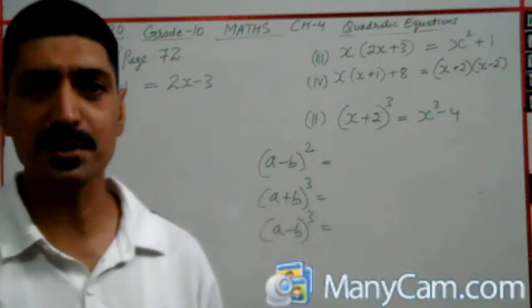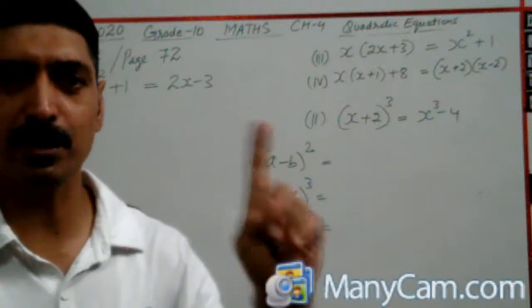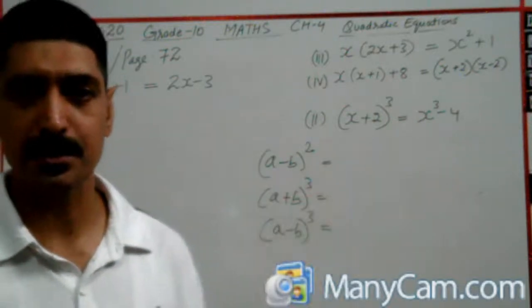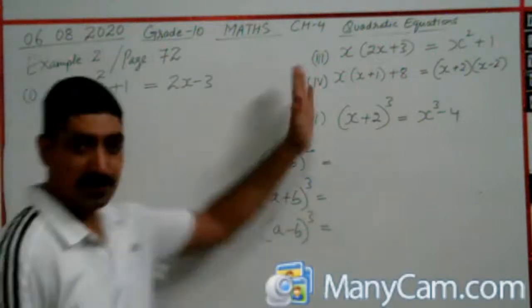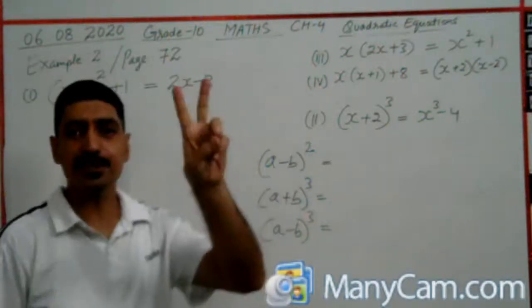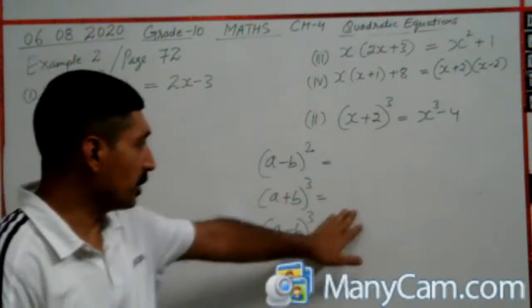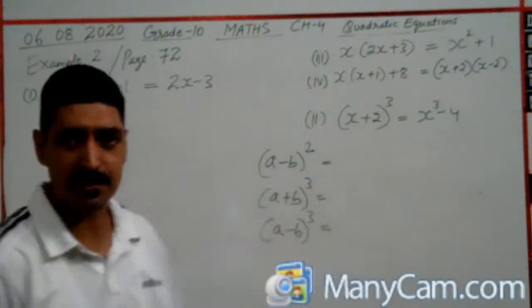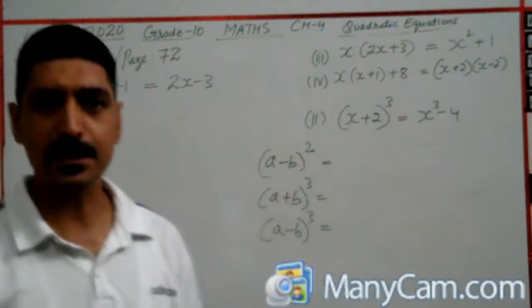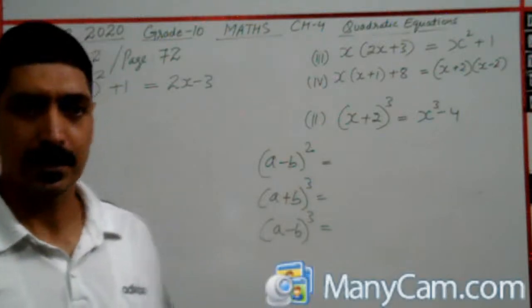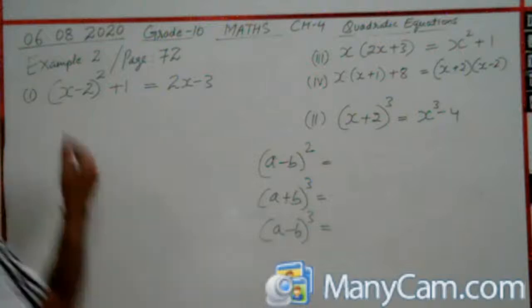These questions are sometimes 2 marks or sometimes 1 mark in the examination. Most of the time this kind of question is of 2 marks. If you are not able to remember the identities which we studied in grade 9, then you cannot solve them.